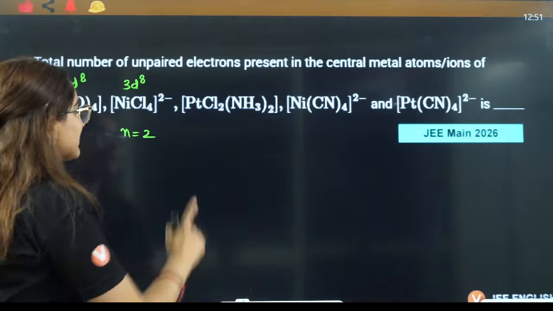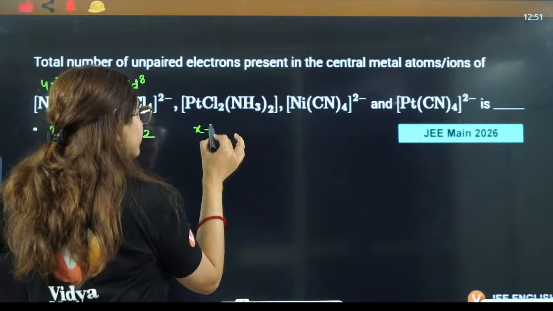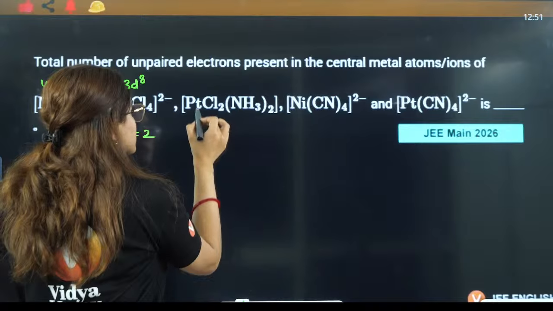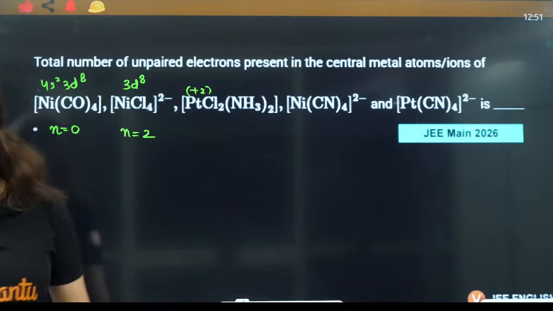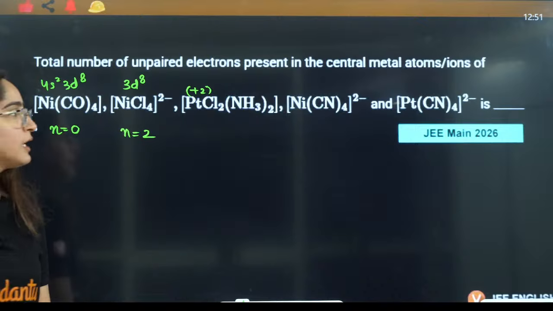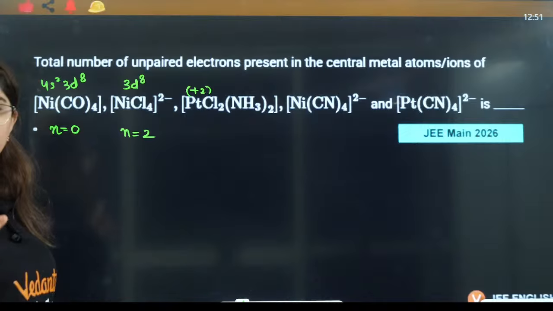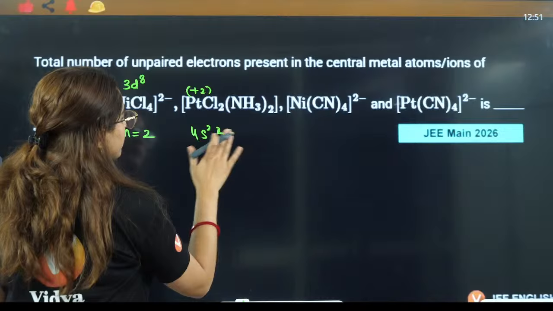Okay. In this case, what you have is X minus 2 plus 0, that is equal to... X is equal to plus 2, right? So in the case of platinum, let's calculate the number of unpaired electrons.